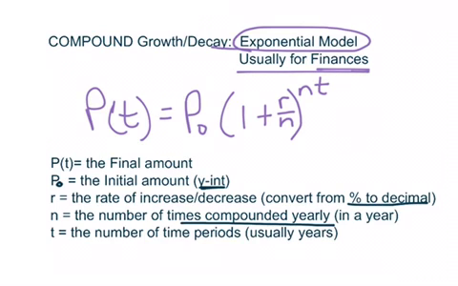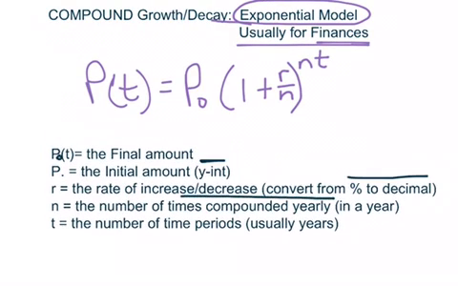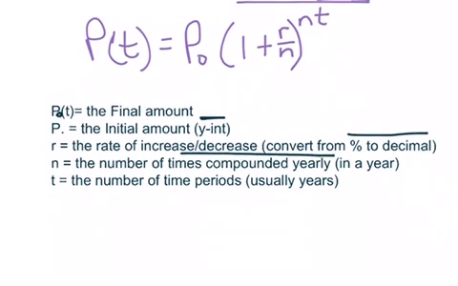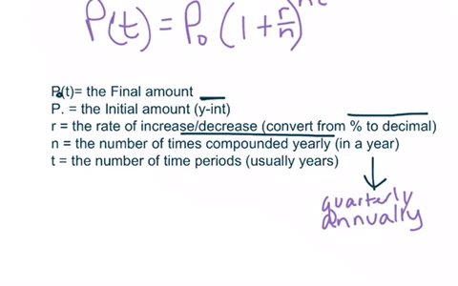Now, what this is going to look like in a problem is words like quarterly, that means every 3 months. It may look like annually, that means once a year. It may be daily.